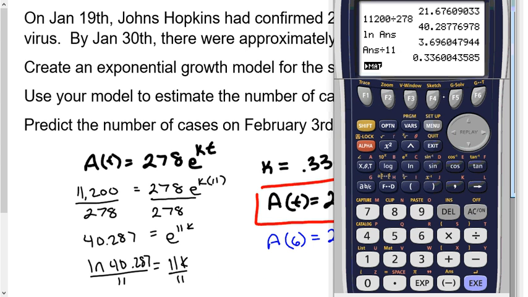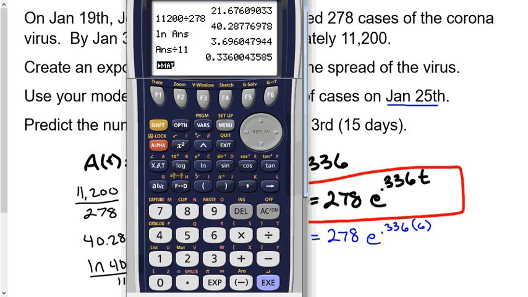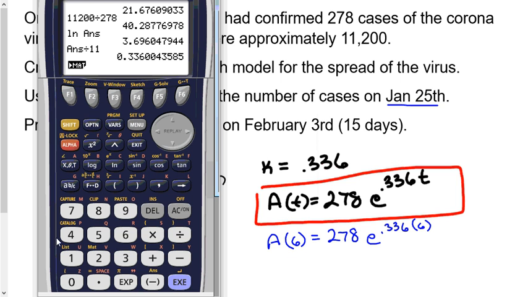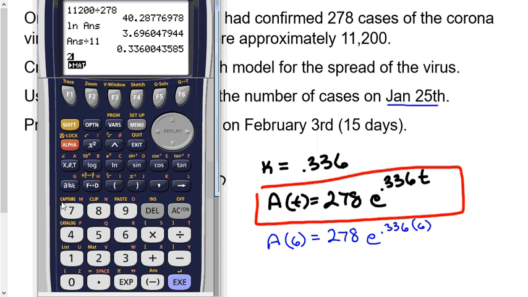And so we'll go in here to our calculator. Let's bring it over here a little bit. We've got 278 times e raised to the 0.336 times 6.